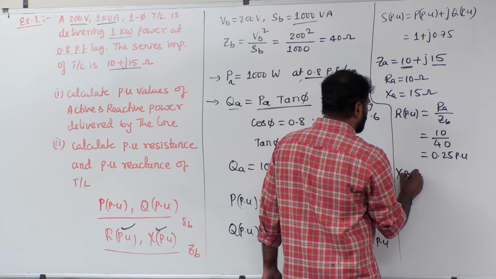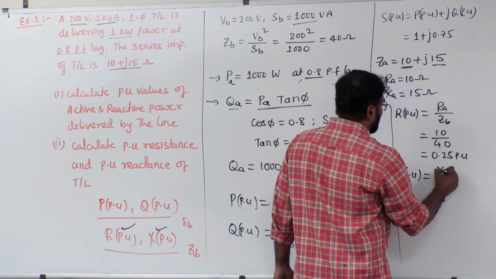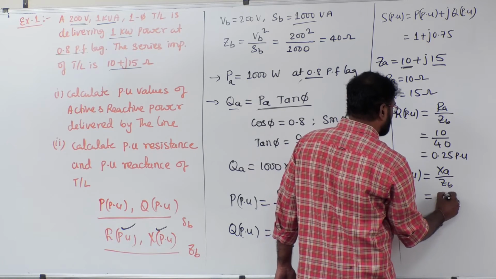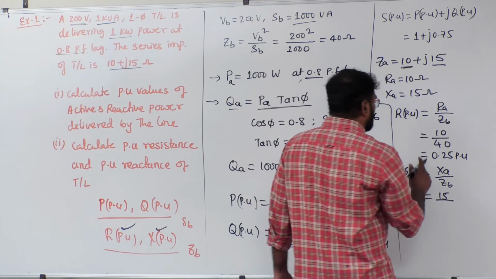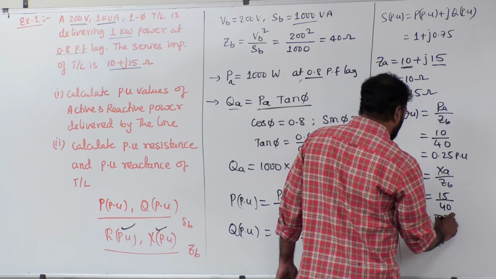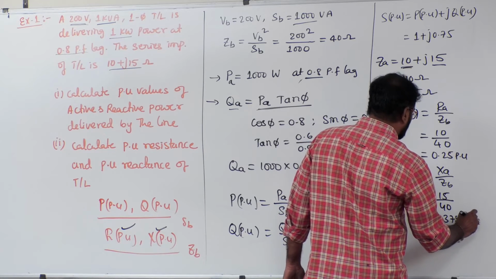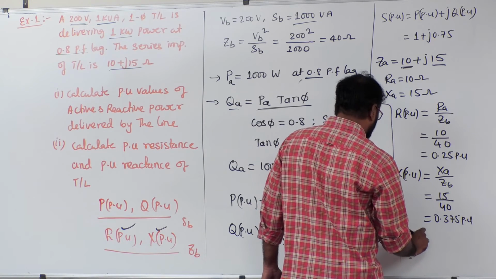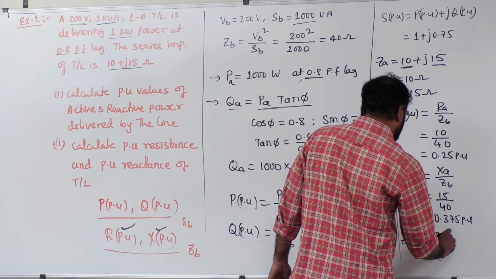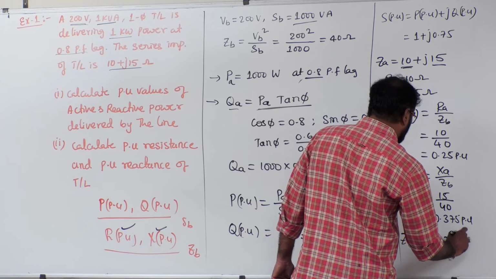Now similarly, what is X per unit? X actual by Z base. X actual is 15, then Z base is 40. So nothing but 0.375 per unit. So primarily Z per unit is what now? R per unit plus j times X per unit.